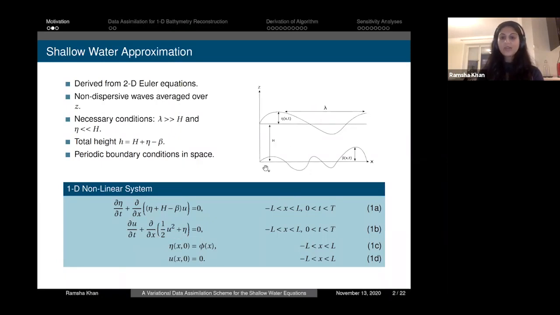And so the total depth of our fluid is our average depth h plus eta minus our bathymetry, which is beta. So beta can be a function of time if you look at things like seismic shifts. However, in this case, we will consider beta simply as a function of x.